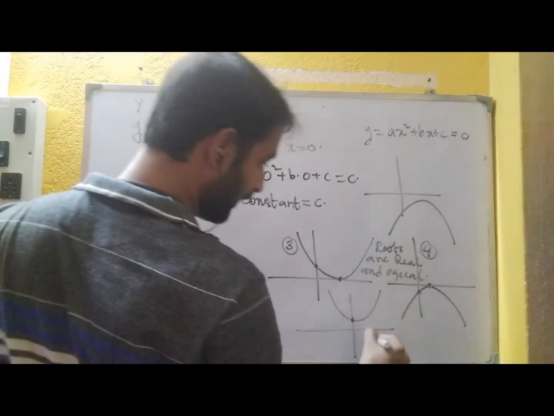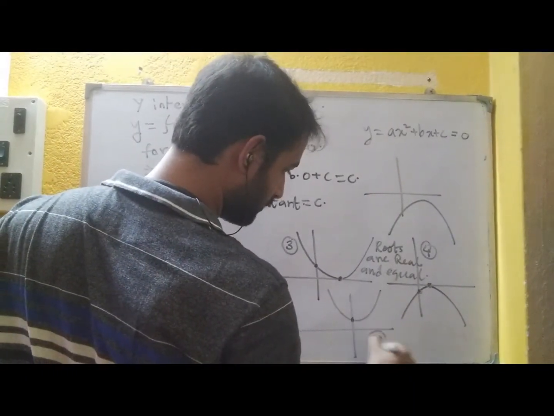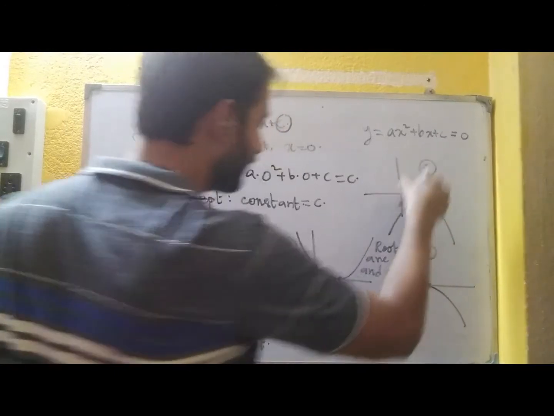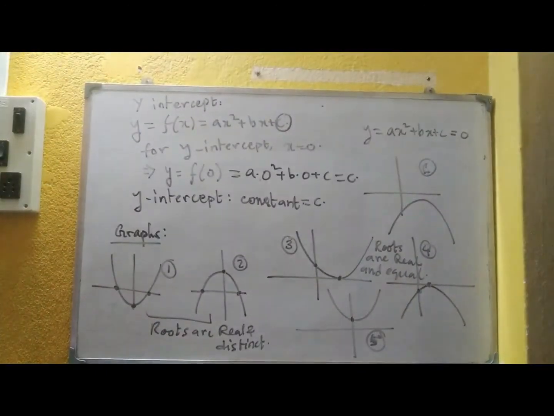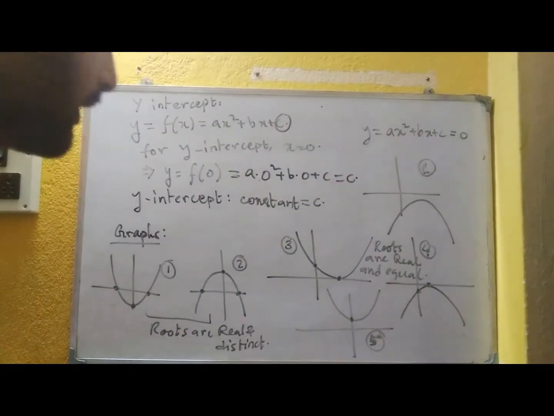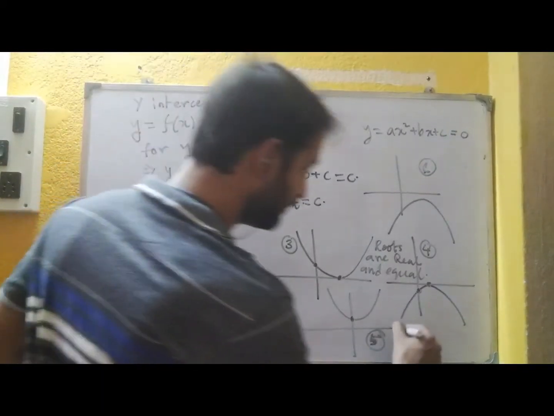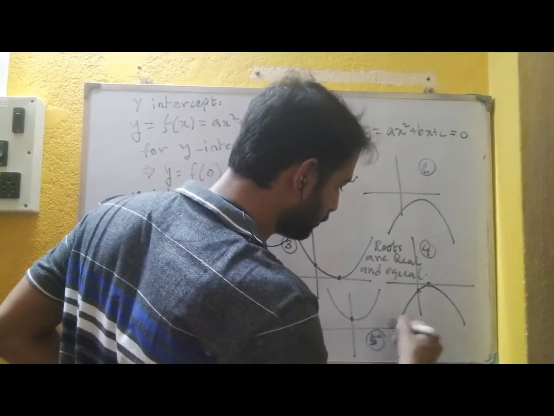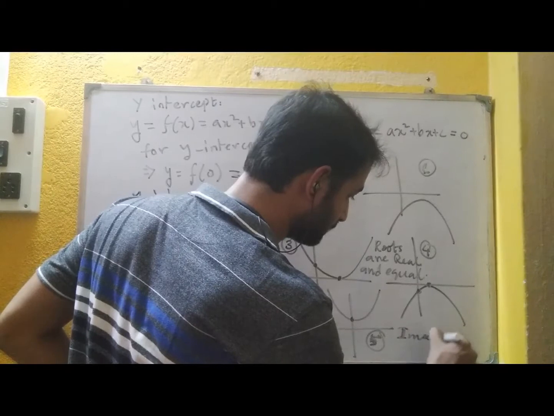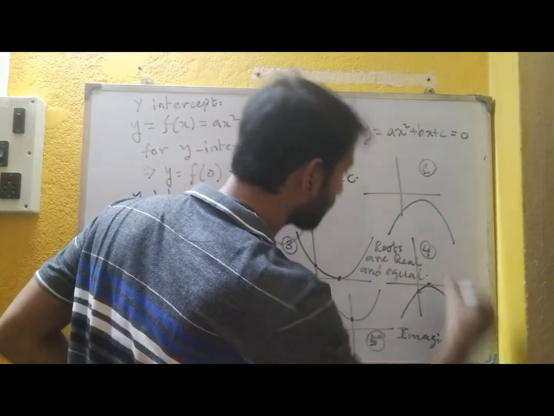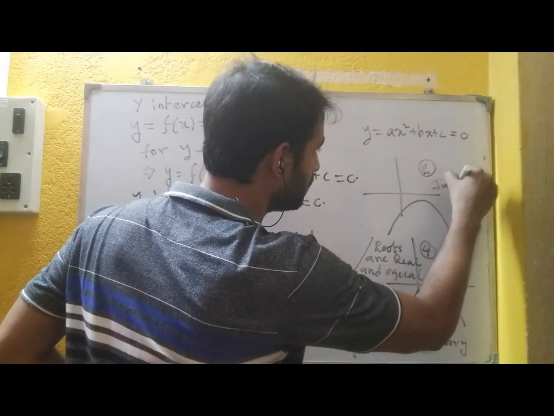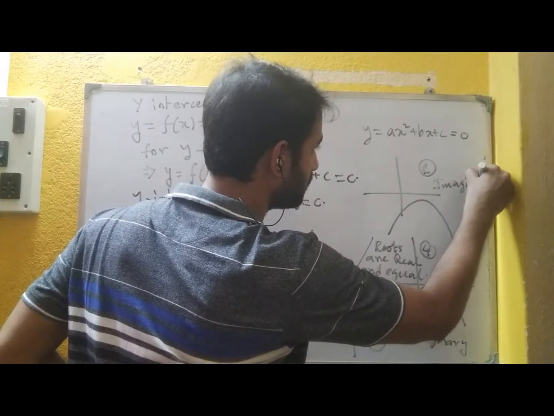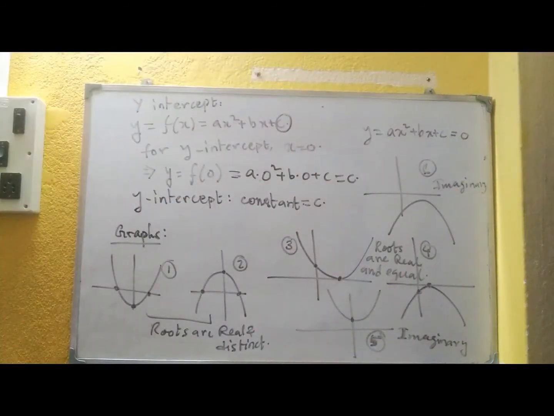And in 5 and 6, you can see only the y-intercept is there. That means in this case, the roots are imaginary. That's why no x-intercepts are there. This one is also imaginary. So this is the thing.